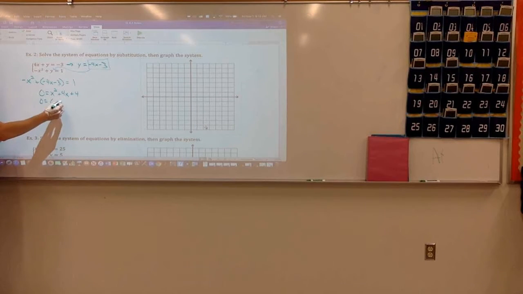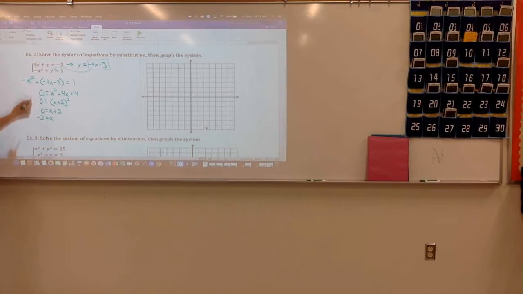Or I can just write that as x plus 2 squared. So I'll just have 0 equals x plus 2. Subtract the 2 over. We get that x is negative 2. So just like we've been doing, I'll take that answer and plug it back into one of my original equations to get y.